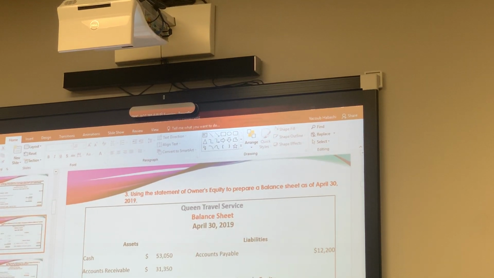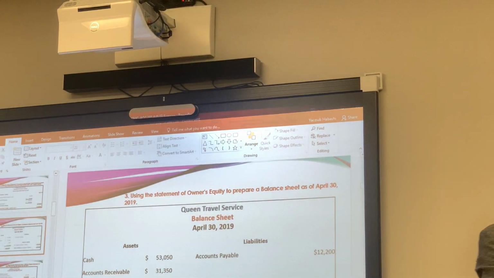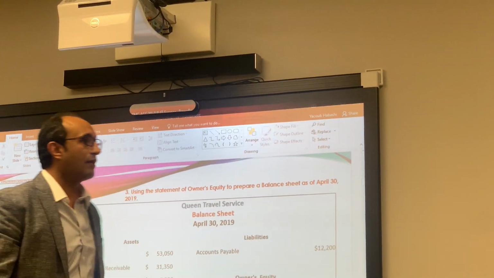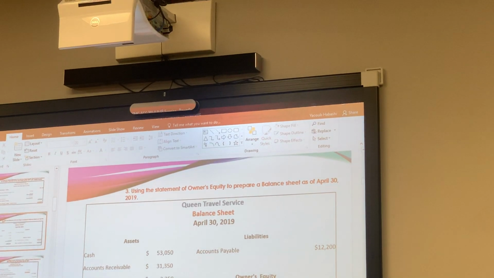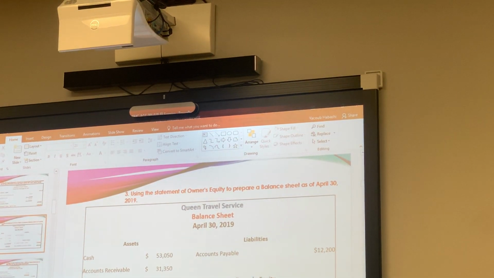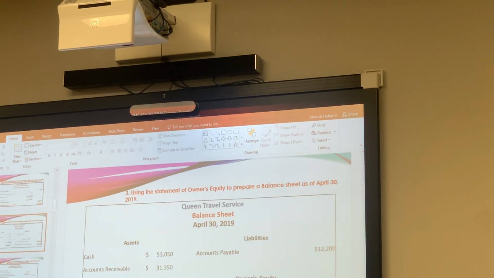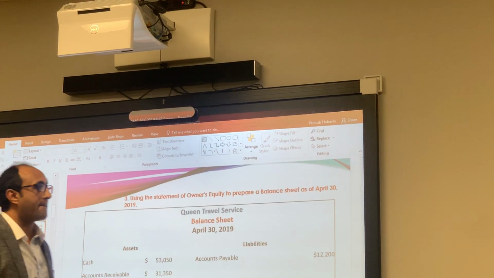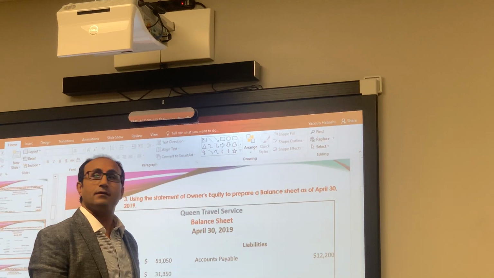Okay, so Chris, can you tell us how you prepare the balance sheet? From the owner's equity statement, take that amount, add the liabilities, and then add up all the assets, and they have to equal each other. Thank you.